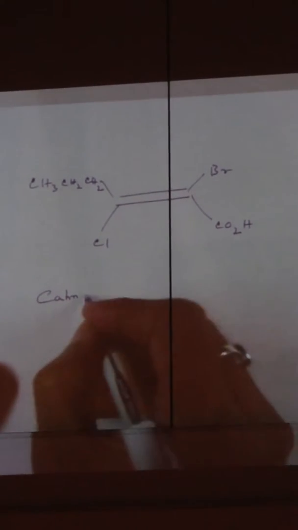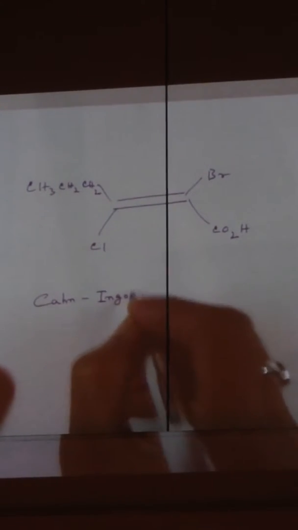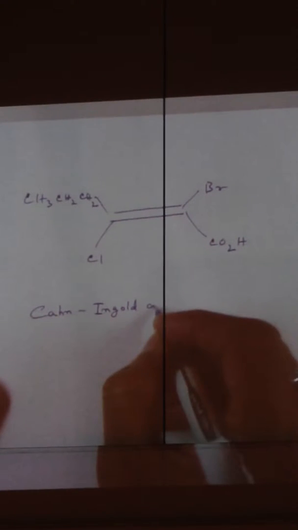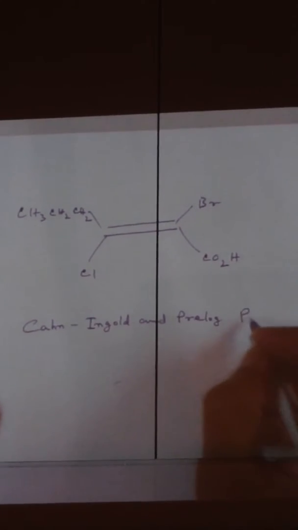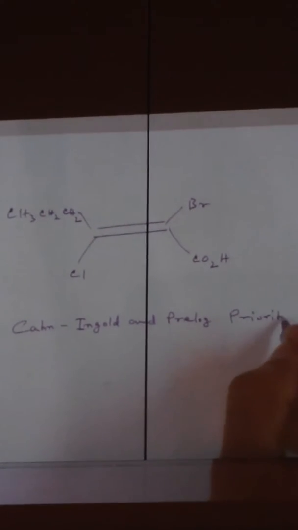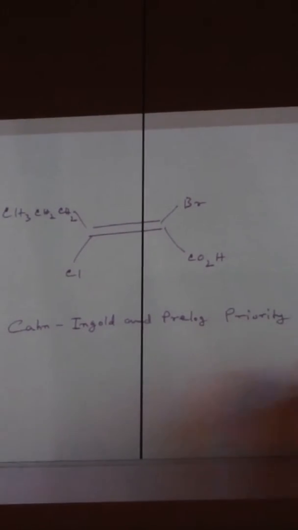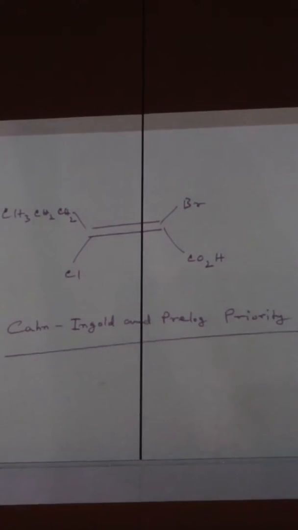So the priority rule was developed by Cahn, Ingold, and Prelog. The priority would be given based on first the atom attached to it.